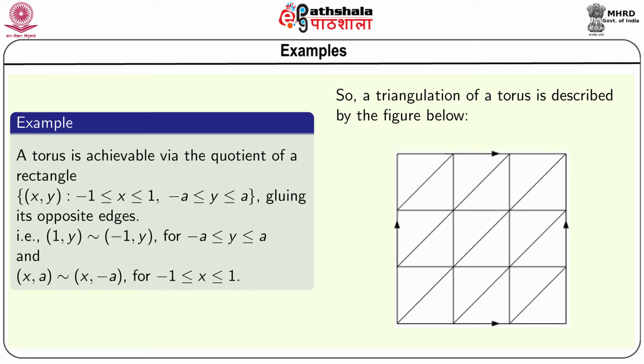So, we get a torus flattened as a rectangle as shown in the diagram, and we get a triangulation by means of drawing triangles in the surface.